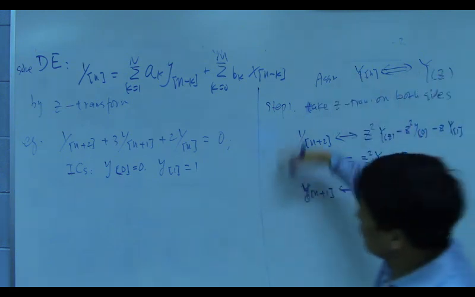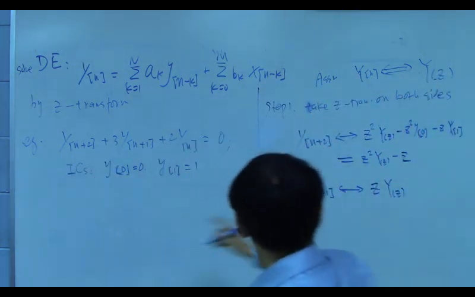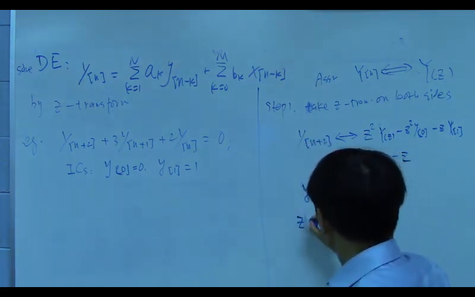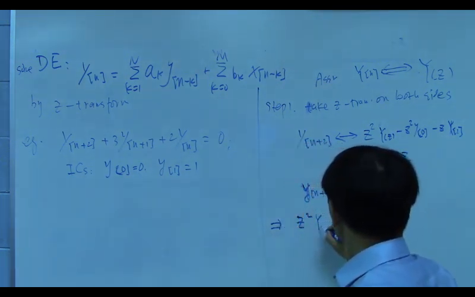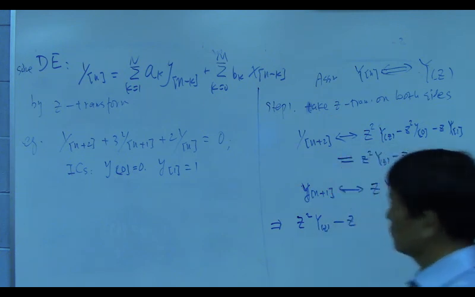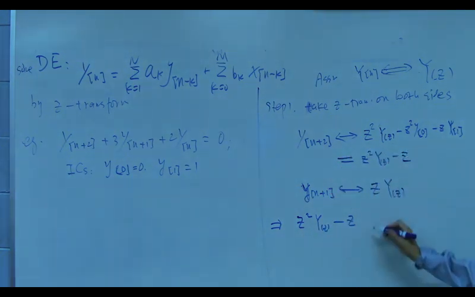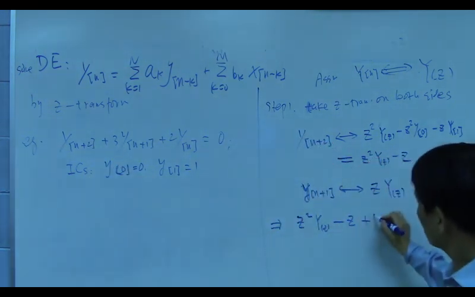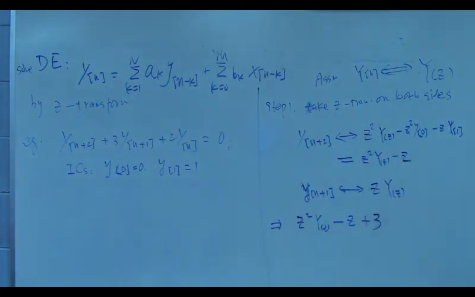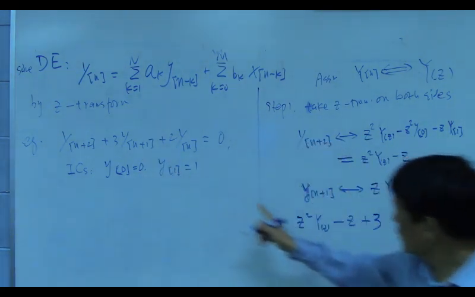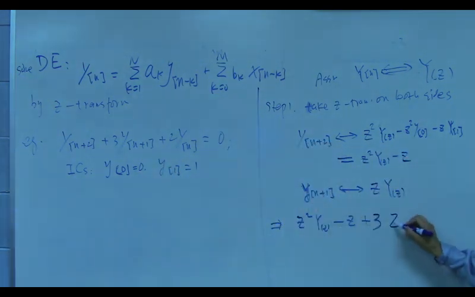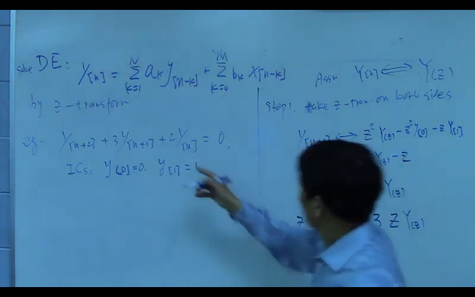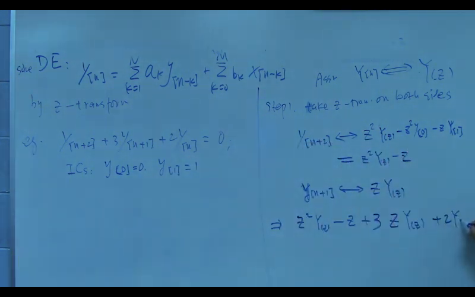So we put all these terms together. The first one gives us z squared Y(z) minus z, so that is the first term. Then plus 3, and y(n+1) gives us z Y(z) here. Then this one gives us plus 2 Y(z) here.